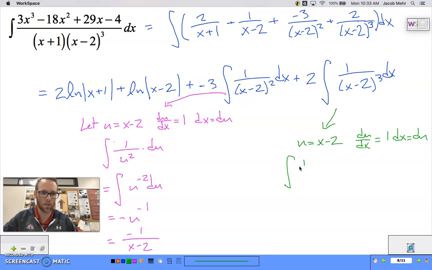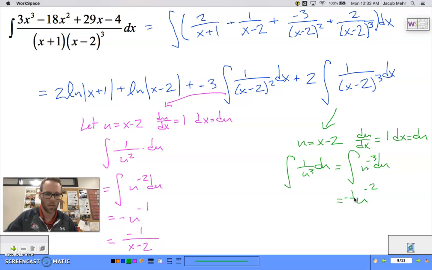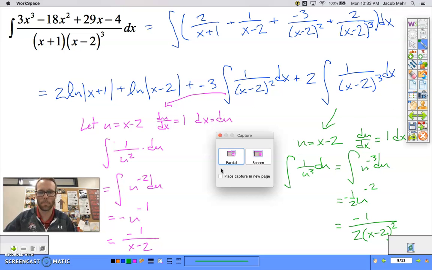So this is the integral of 1 over u cubed du, which is the same as u to the negative third, which is the same as u to the, let's add 1, let's put a negative 1/2 in front, so I get negative 1 over 2 times x minus 2 squared. All right, so let's wrap this thing up.